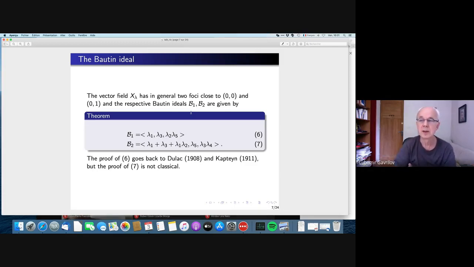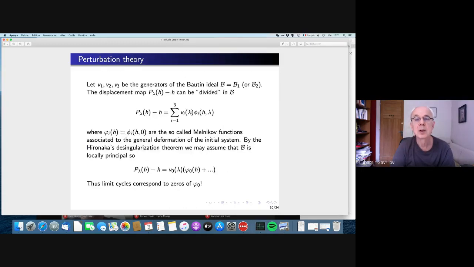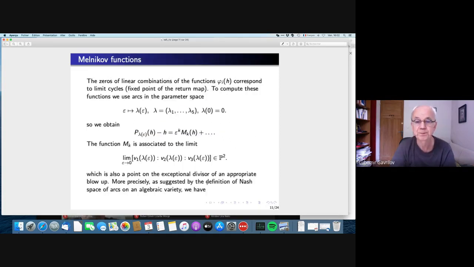So in fact, by making use of such Melnikov functions, you can reconstruct the Bautin ideal, and even better, we can reconstruct the division in the Bautin ideal. Well, it is what we shall do in the next pages.